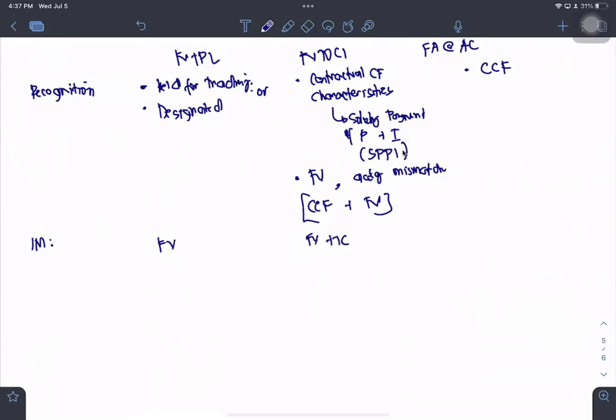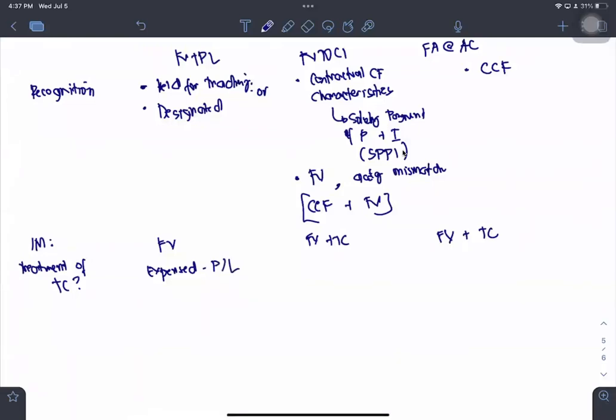FVTOCI, fair value plus transaction cost. Amortized cost, fair value plus transaction cost. Therefore, what is the treatment of transaction costs? In your FVTPL, the treatment of transaction cost is expense. Therefore, it will be part of your profit or loss.